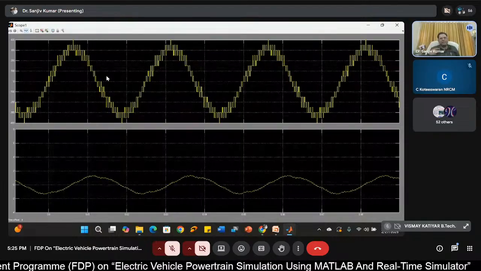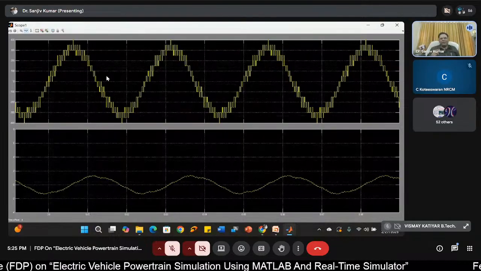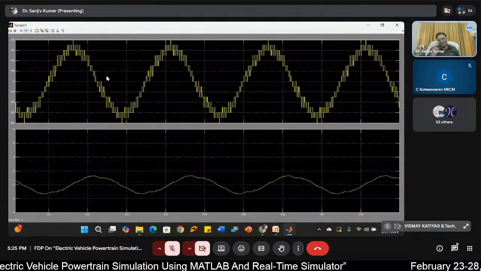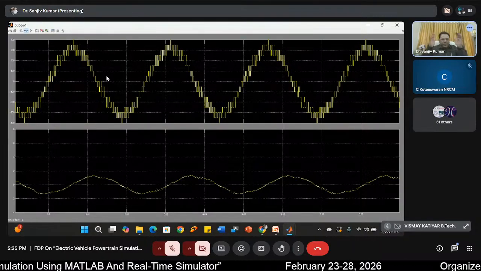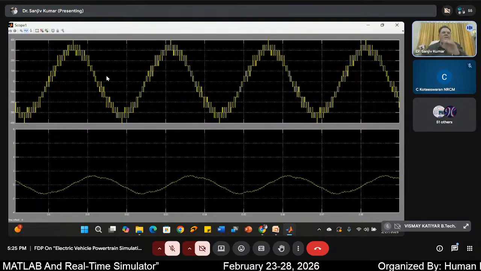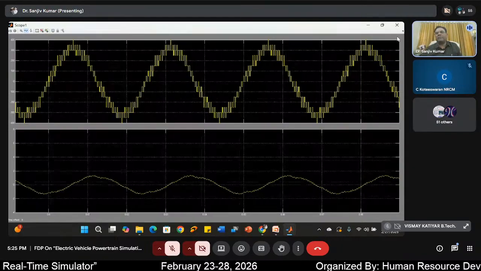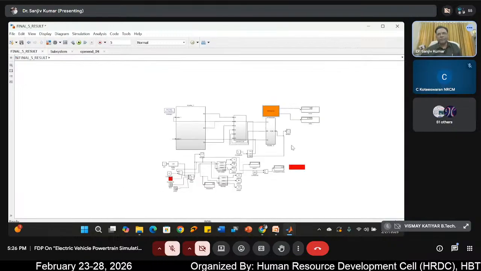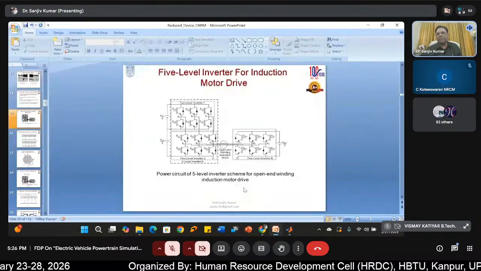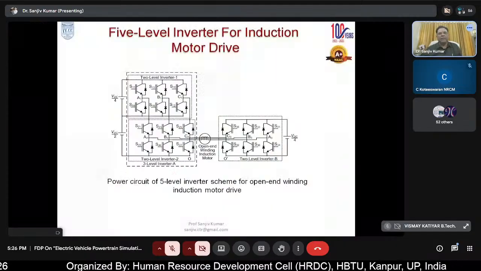That is the aim of a multi-level inverter. But still, you will find that the THD is not less than 5%, it will be a little bit higher. Anyway, this is good as compared to the previous one. So this type of simulation we can carry out.